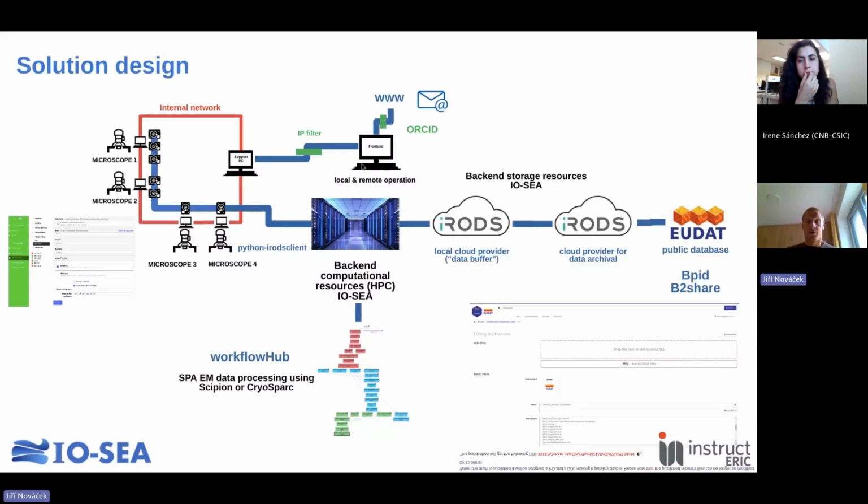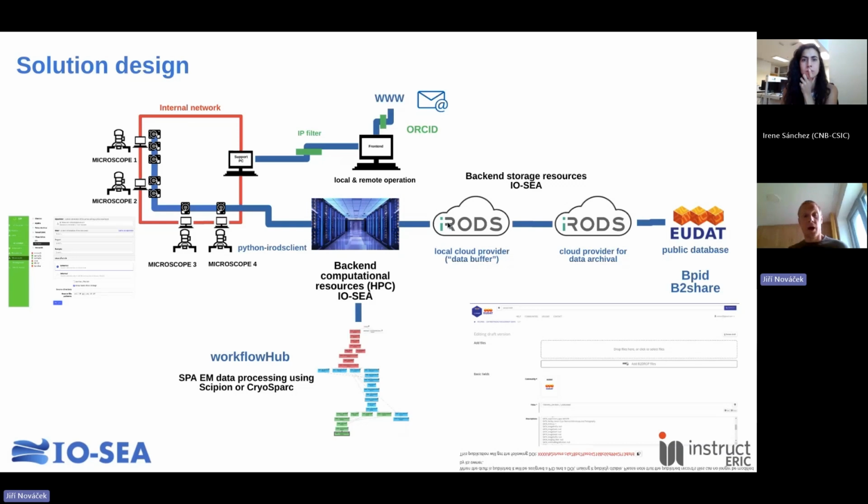The web server is an orchestrator of the whole system and communicates with individual components, providing tasks to be carried out by that particular component. So the first step is a data transfer from the microscope. The data is transferred to the cloud provider.